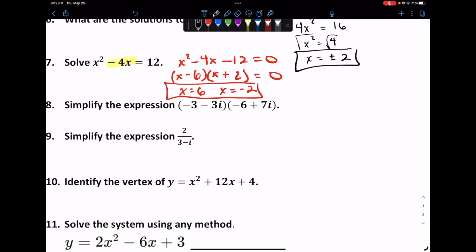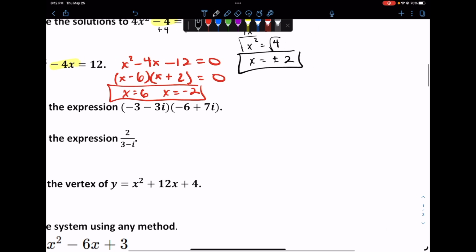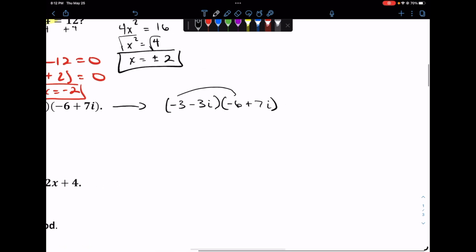Simplify the expression. So now we're going to use the distributive property. Let me rewrite this over here. Negative 3 minus 3i, negative 6 plus 7i. So I'm going to distribute this here. So I've got 18 minus 21i. Then I've got plus 18i minus 21i squared.